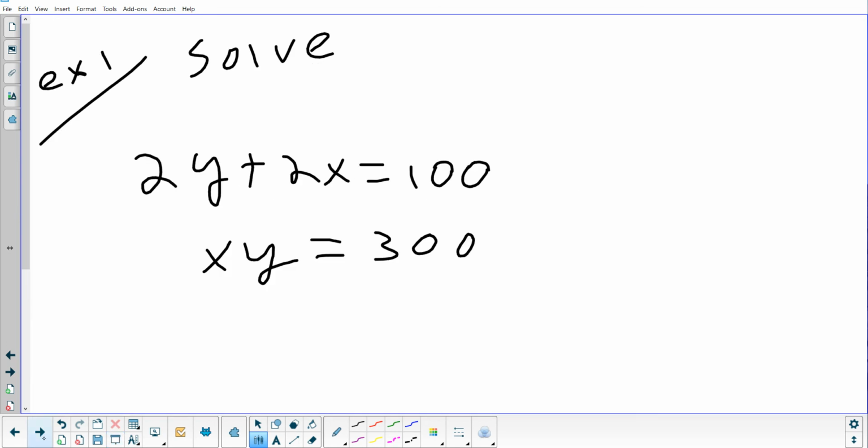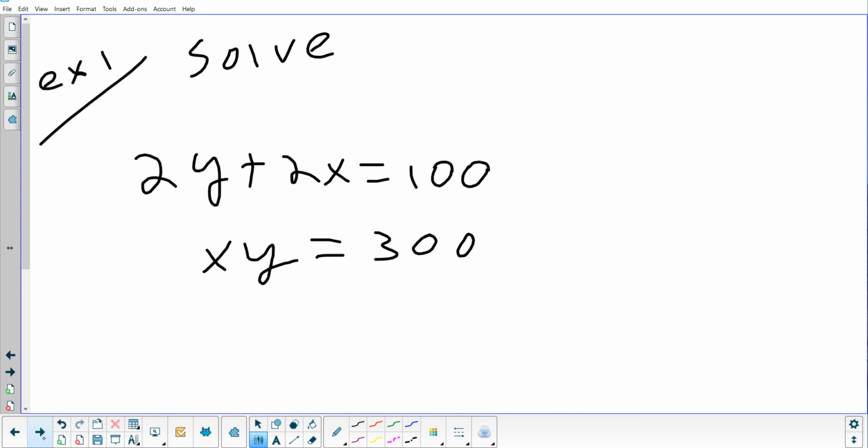In general, you want to pick an equation where you can try to do as little work as possible to get a variable by itself. So if I was going to pick one of these 2 equations to solve for x or y, which one do you think I would pick? Yeah, the second one. Because I can get x or y by itself in one step.